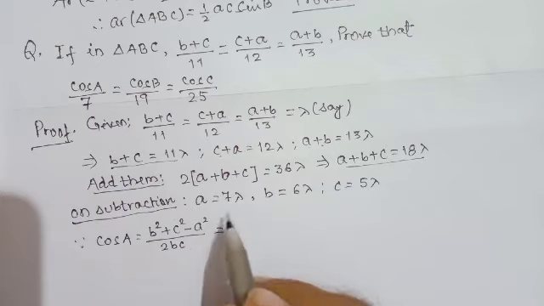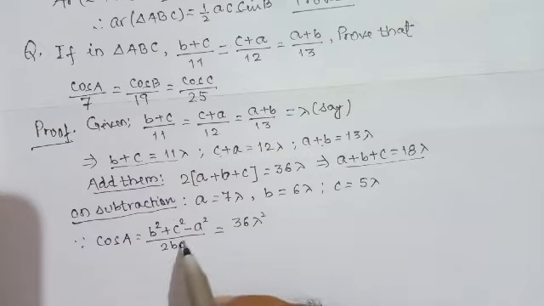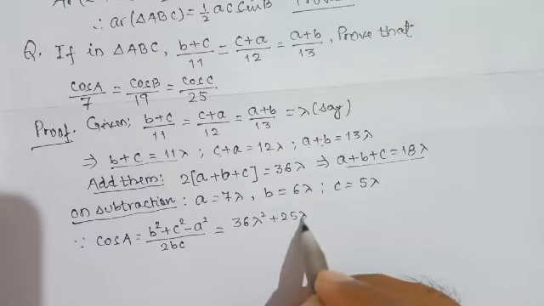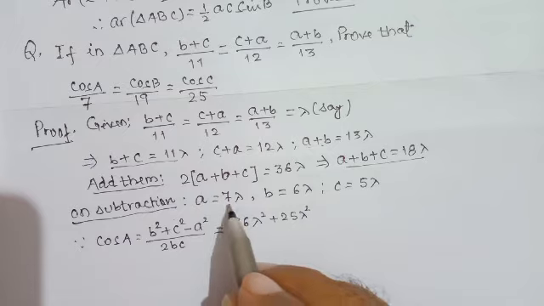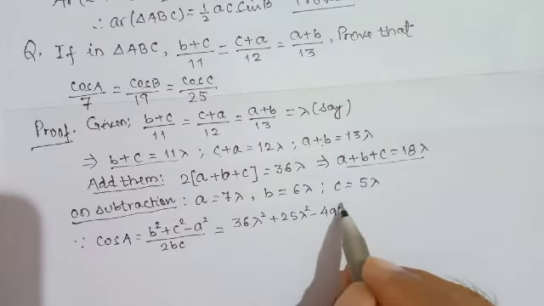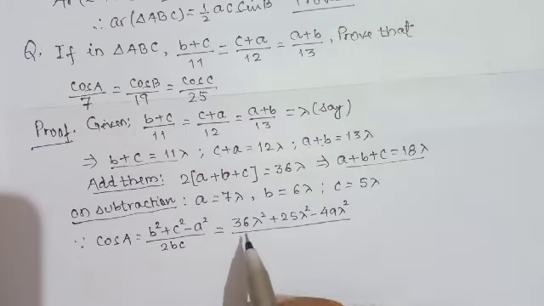B square means 36 lambda square, C square means 25 lambda square, minus A square means 49 lambda square, divided by 2BC, 2 into 6 lambda into 5 lambda.